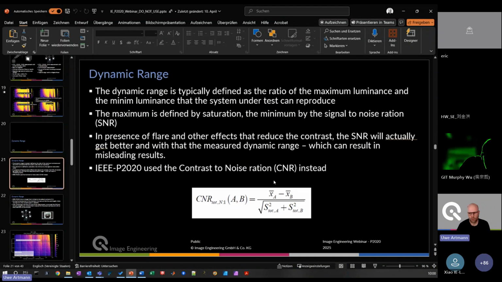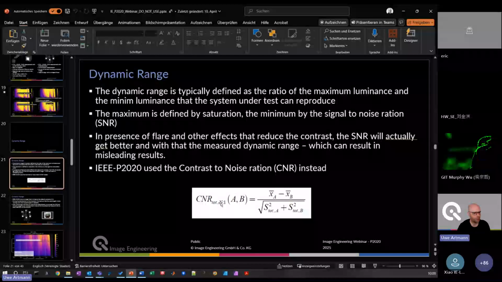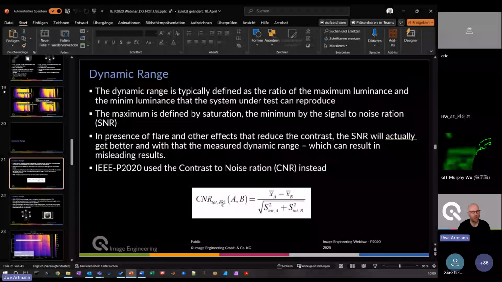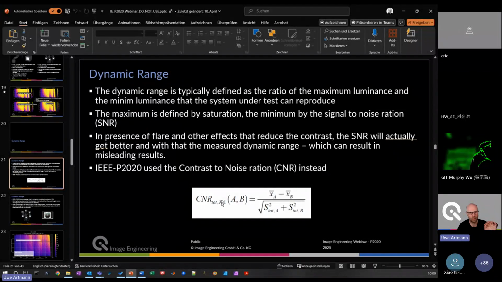So there are two steps in the standard. The equation that you see here for CNR can be calculated for any contrast. You see in the equation this capital N, that is describing the contrast that you have in the scene.